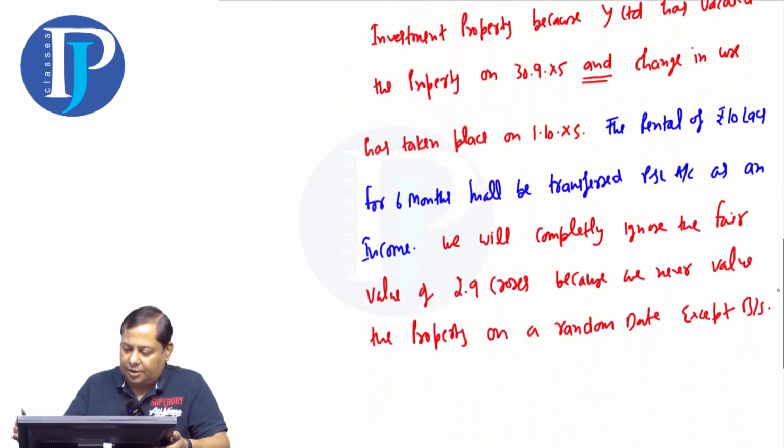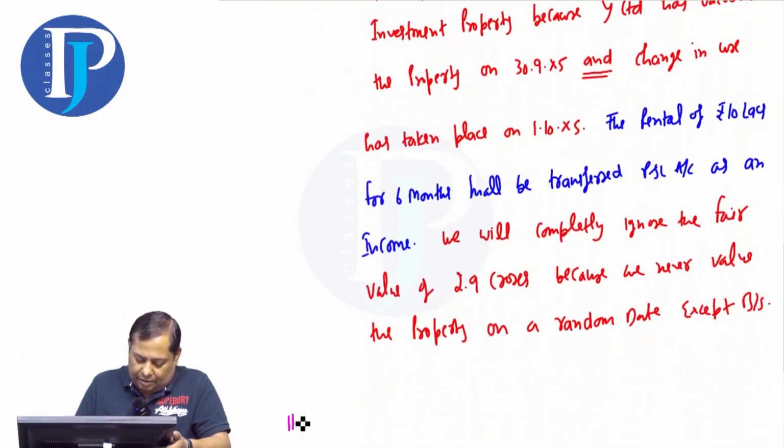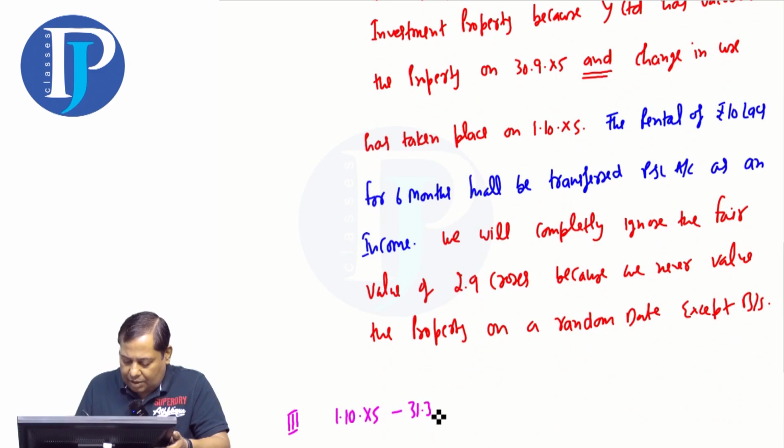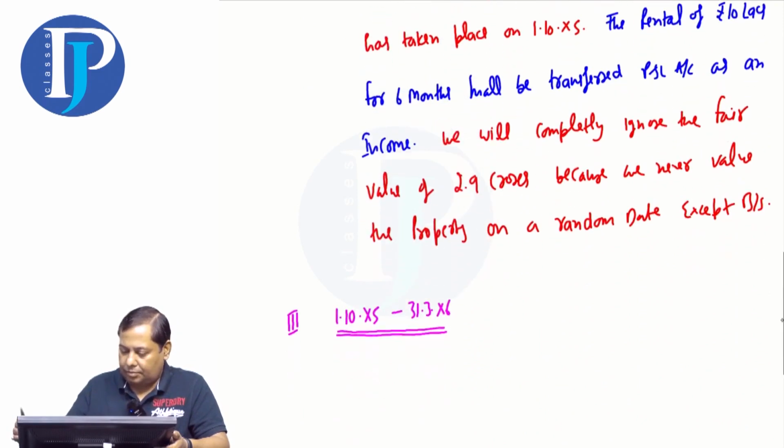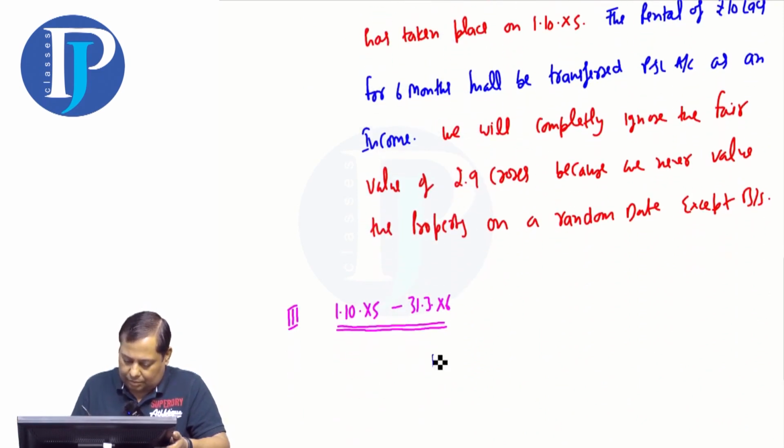Tell me what is the third event. Our third event is from October 1st X5 to March X6, during the second half.